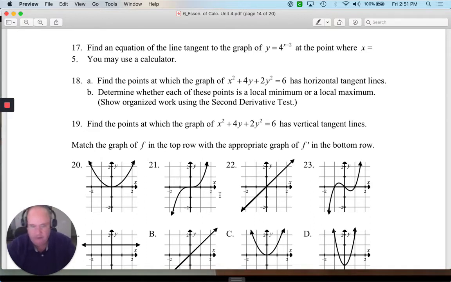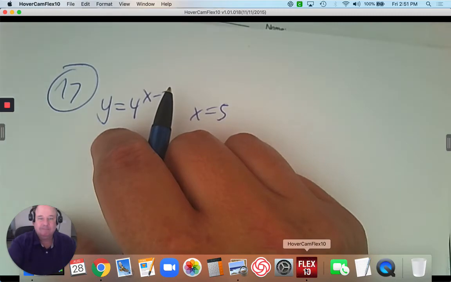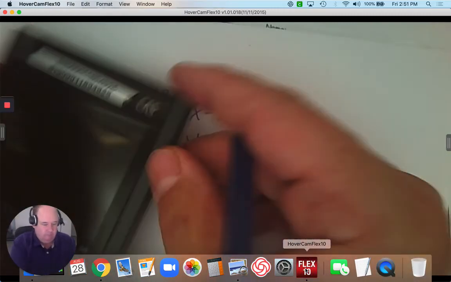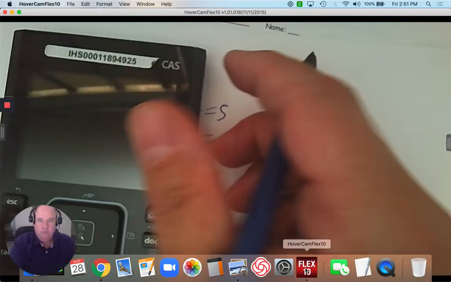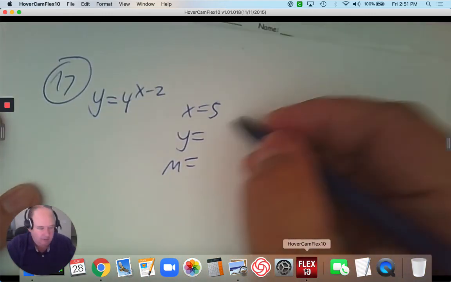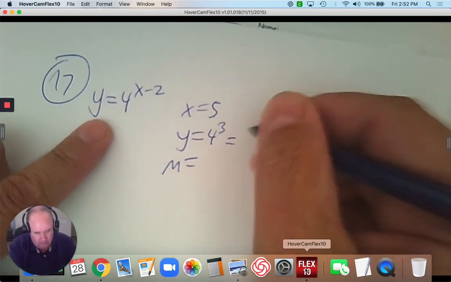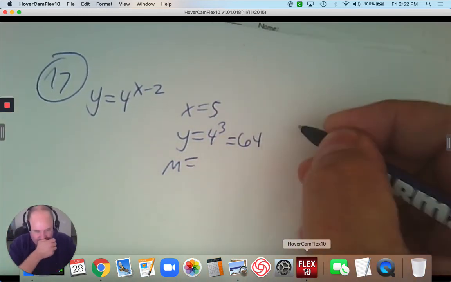So I'm going to use my calculator. First of all, if I want to find the y value, plug in 5. 5 take away 2 is 3. So 4 cubed, that's 64.